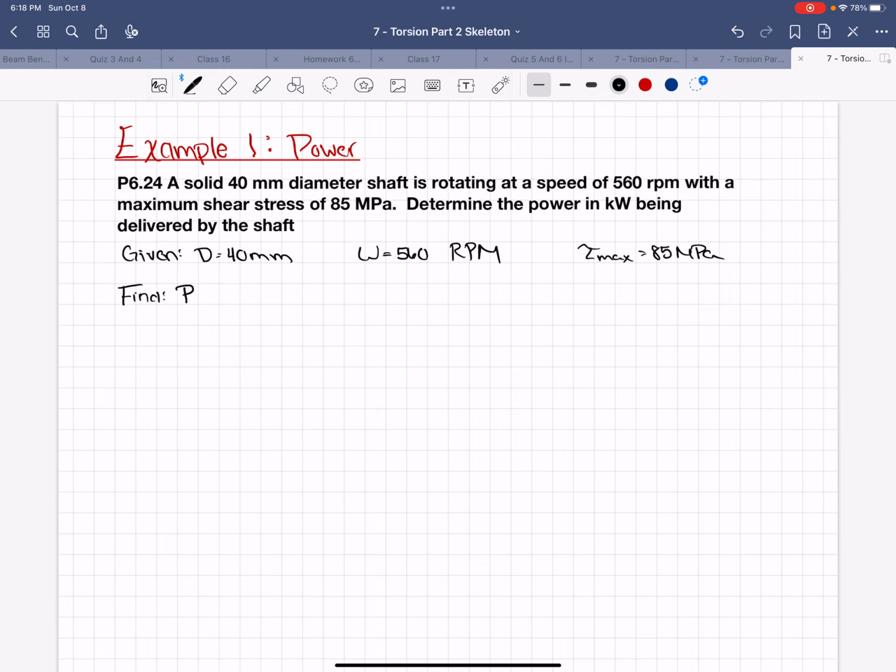And it has this maximum shear stress of 85 megapascals. And we're supposed to determine the power in kilowatts that's being delivered by the shaft.